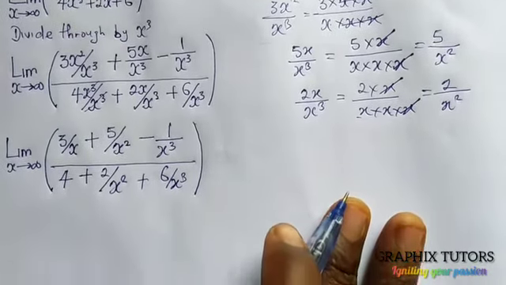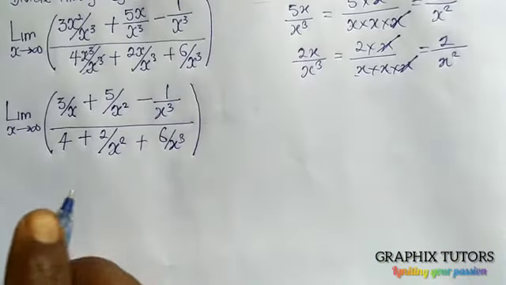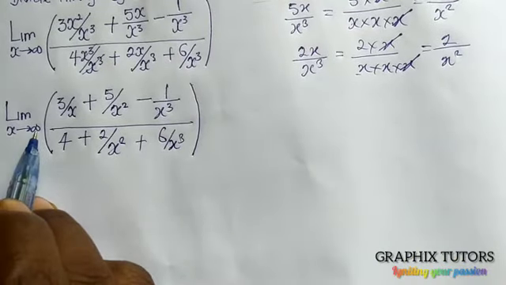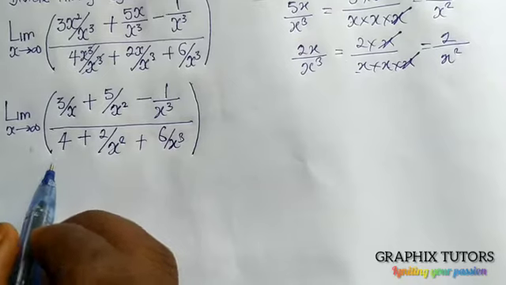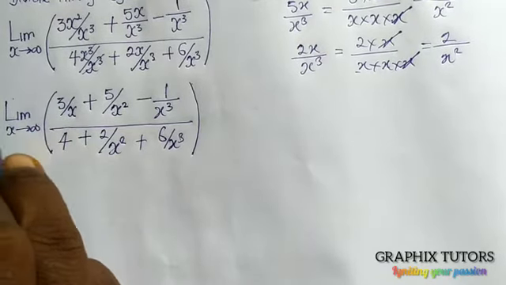So we move further. From here, anywhere you see your x, you put infinity. And when you start inputting your values, you will not write limit anymore.